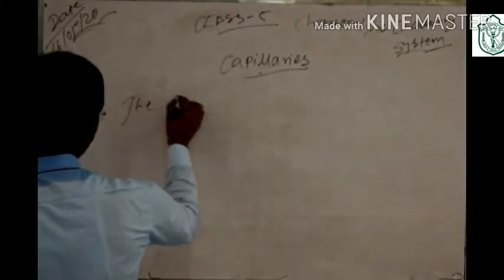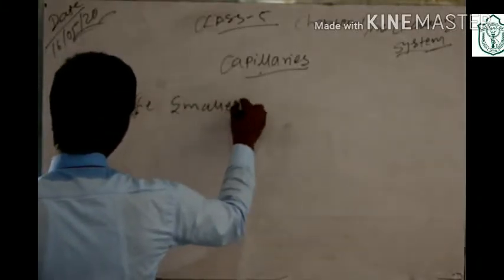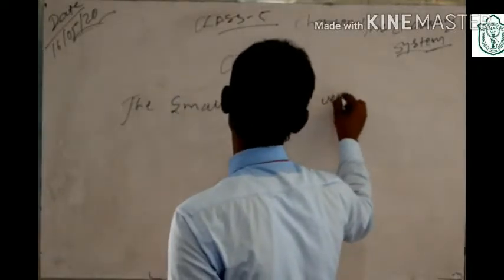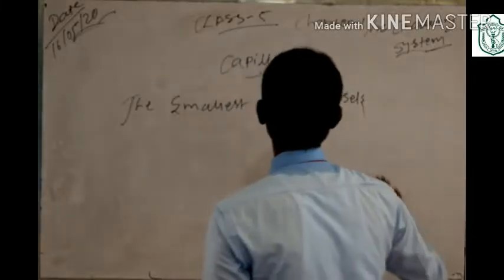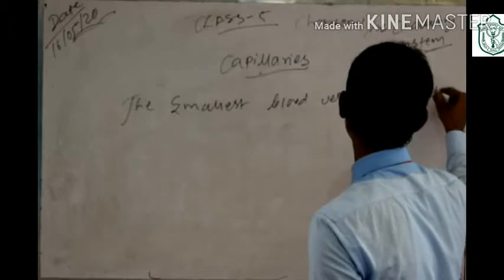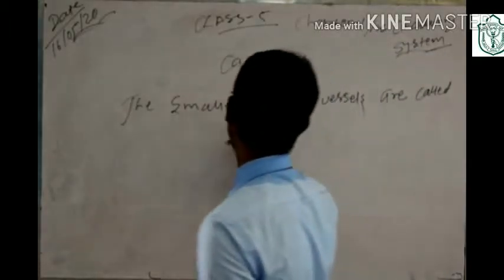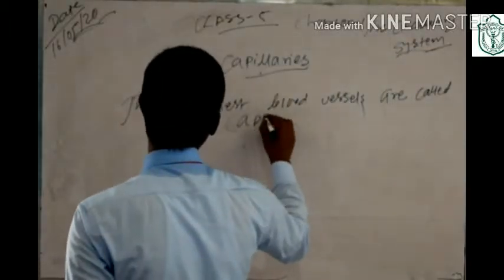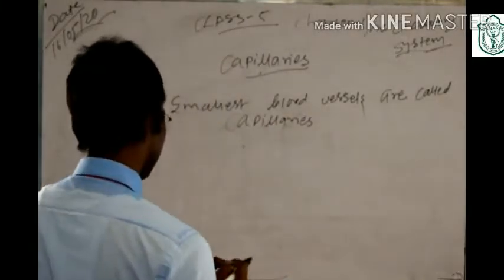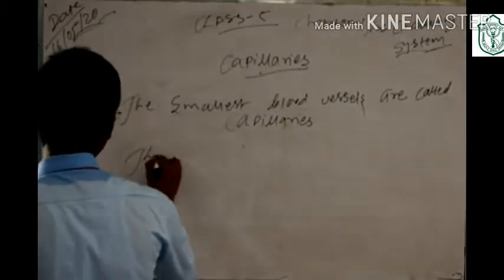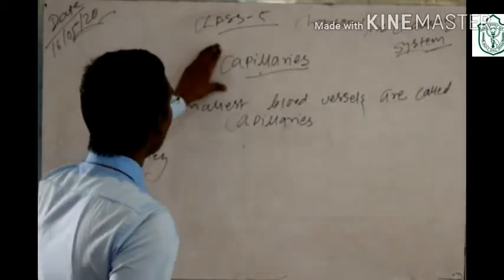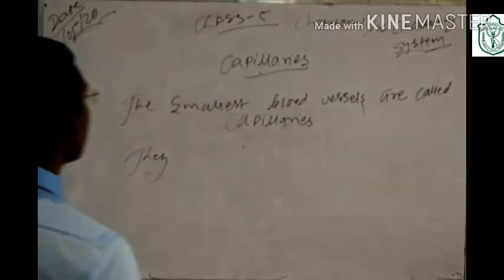The smallest blood vessels are called capillaries. Capillaries are the smallest blood vessels.